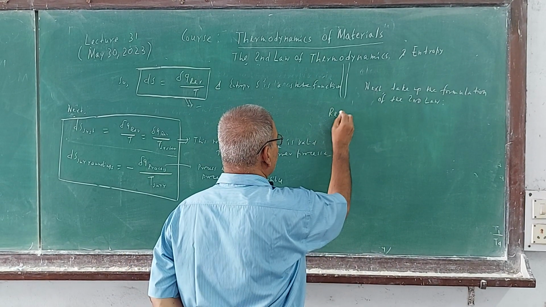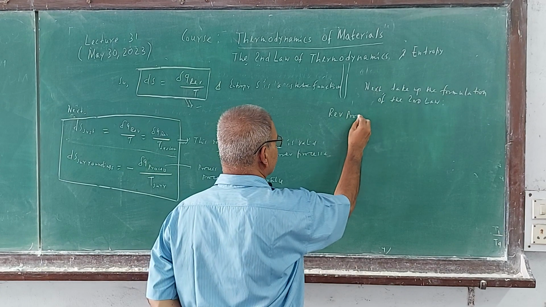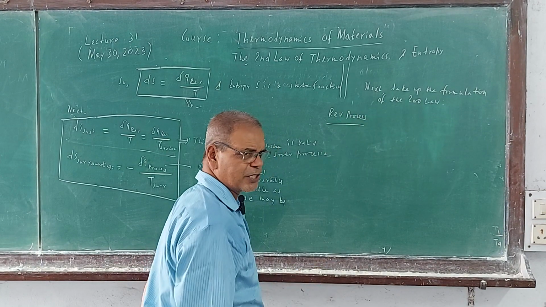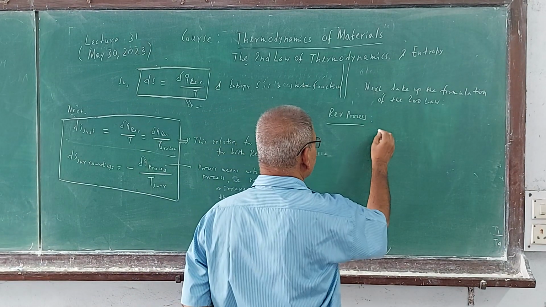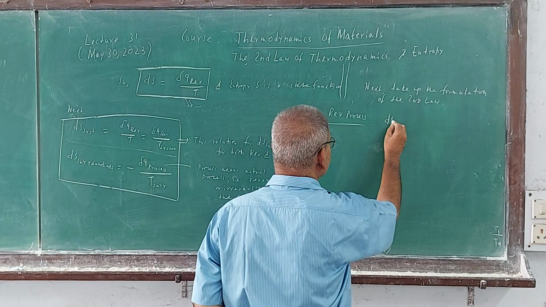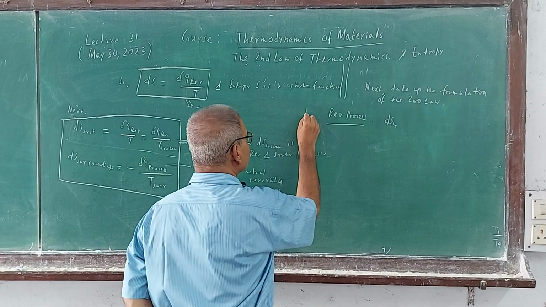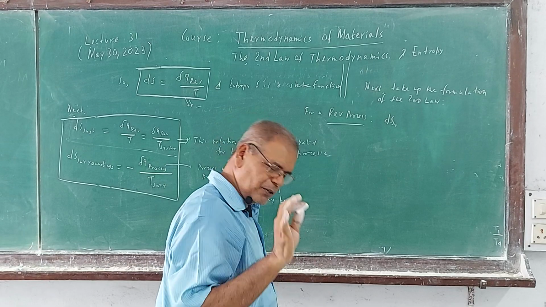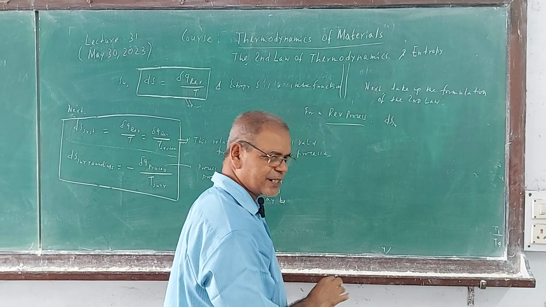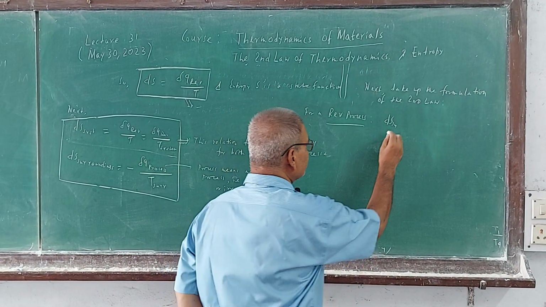A reversible process. I'm announcing this beforehand. A reversible process I'm considering. Then what am I writing? You see, I'm writing dS system for a reversible process. Next, dS system is what?